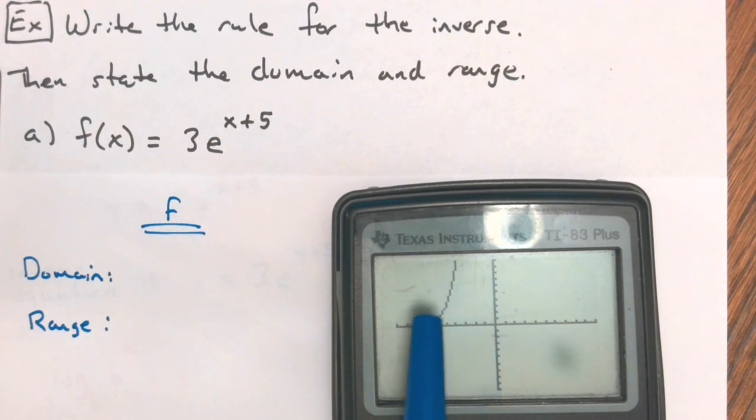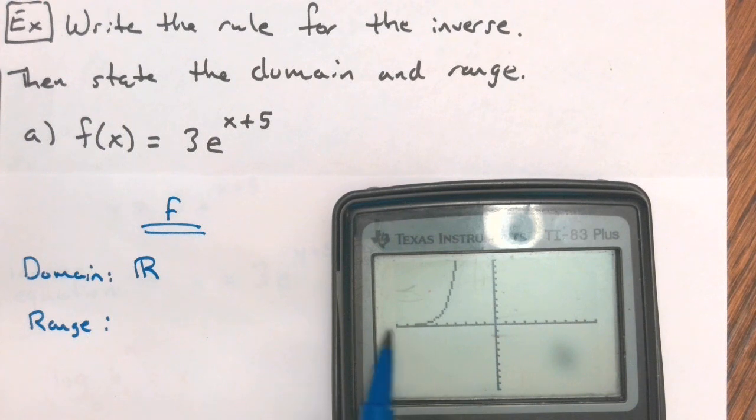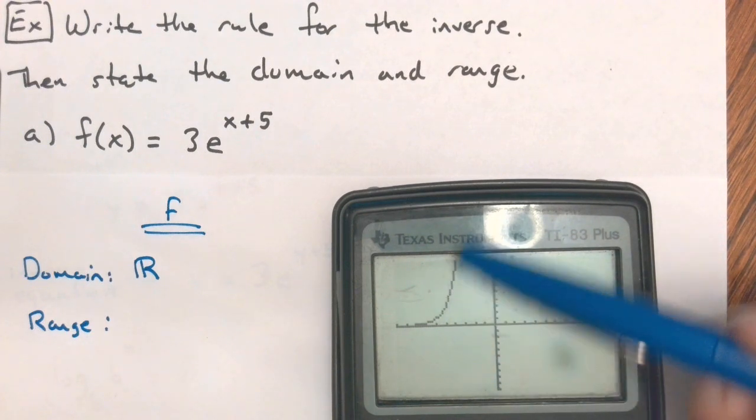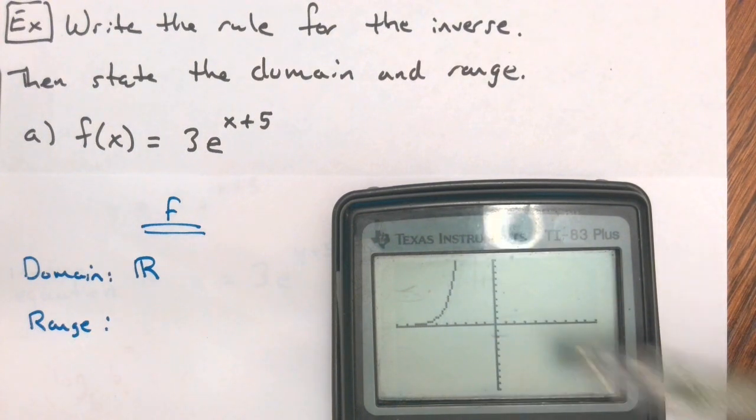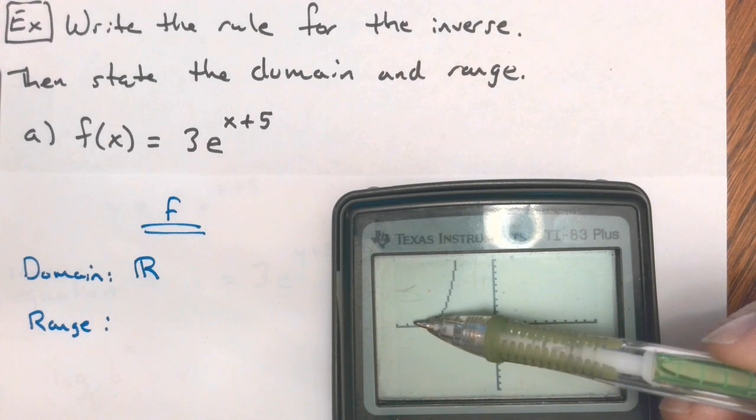So the domain, how far to the left and how far to the right does that graph go? Well, that graph goes forever to the left and forever to the right. The range, what do those y values do? Well, the height of our graph goes up forever, and it gets down and gets very, very close to the x-axis. It gets very, very close to a height of 0.